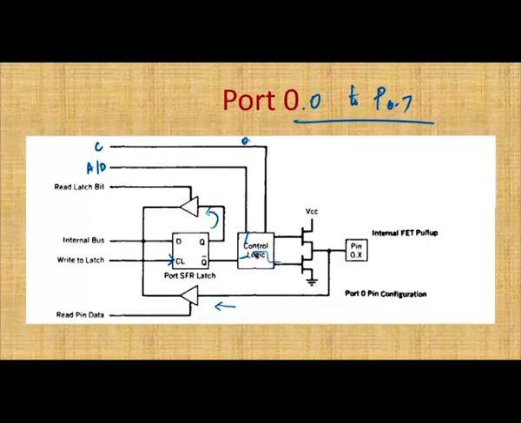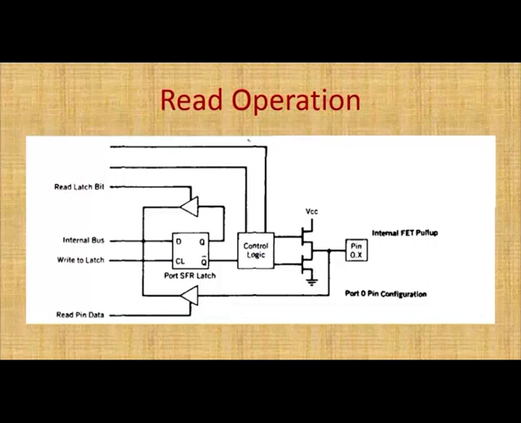Now we will discuss how the read operation works in this port 0. This is the control signal, and this is the address and data signal. Now I want to read data from the external pin. Suppose I pressed the switch. When the switch is pressed, I will get the value 1 here, and the 1 should come to the internal data bus.